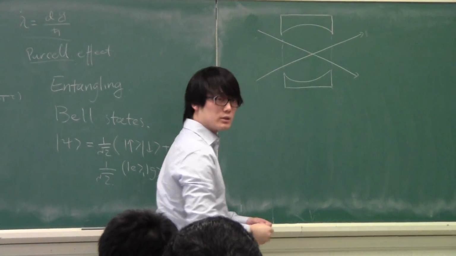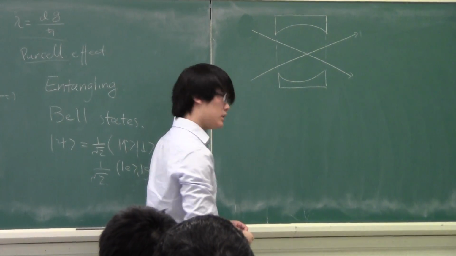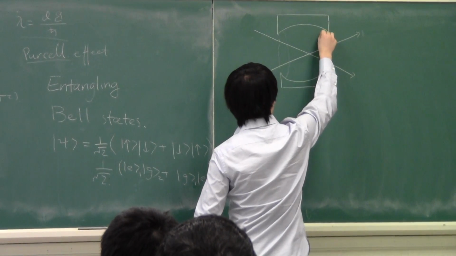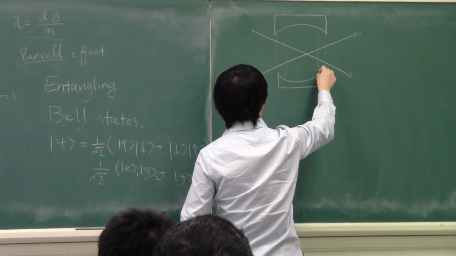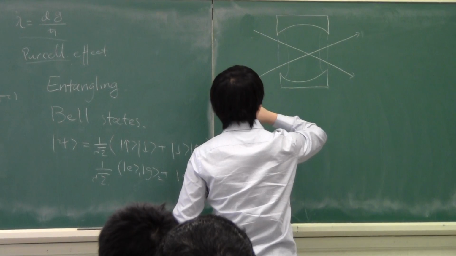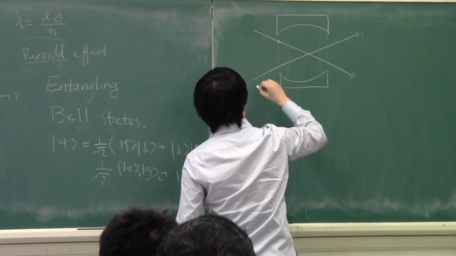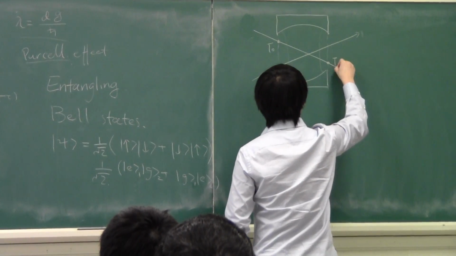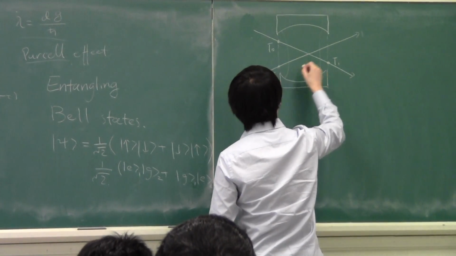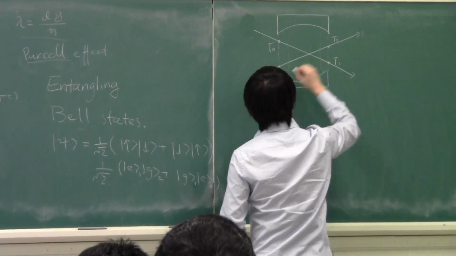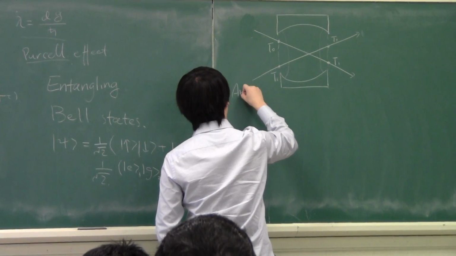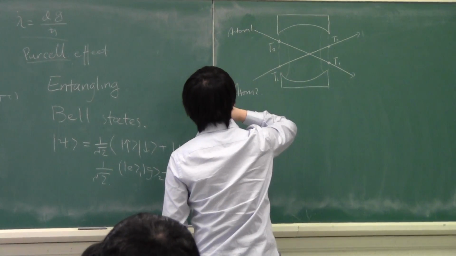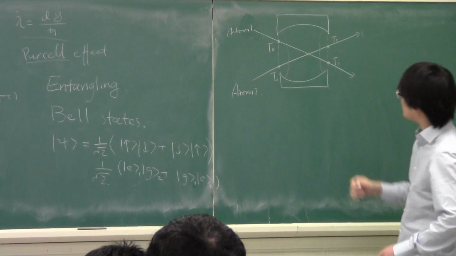And I'm going to label some times, and I'll explain what I mean. The field inside the cavity roughly looks like a Gaussian field. That would be the mode that's coupled to the atom. I call this time T0, this time T1, and also over here, and this is T2. And we call this atom 2, and this atom 1.